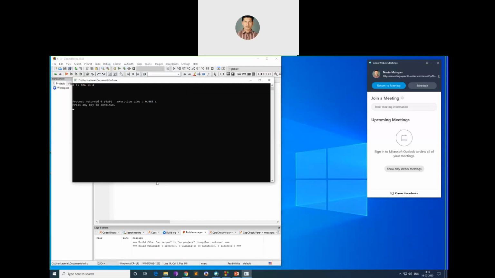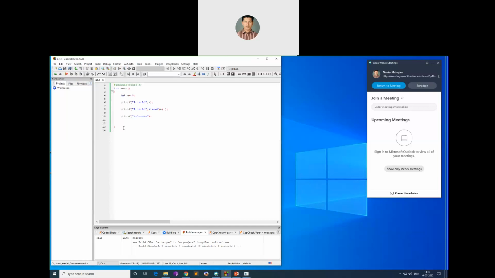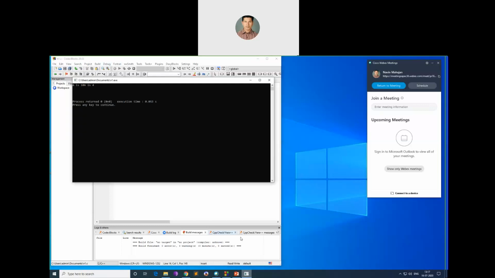I'm not using clear screen. A is percentage d. No, this is printing 2 times. I'm printing percentage d 2 times. So what was the result here? Let me run it again. A is 10.